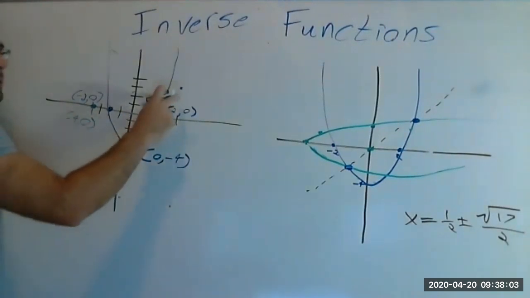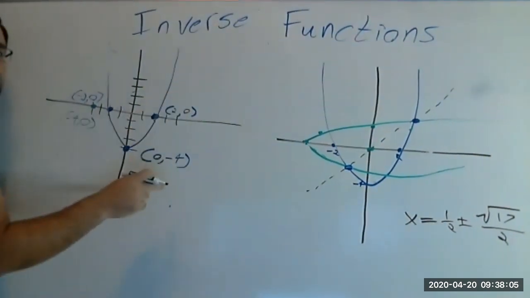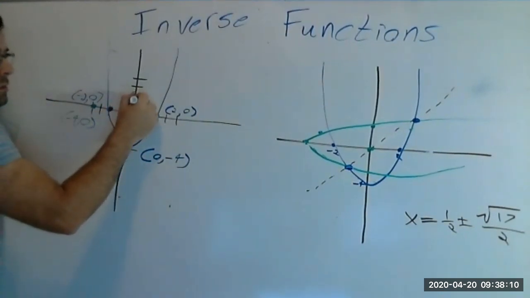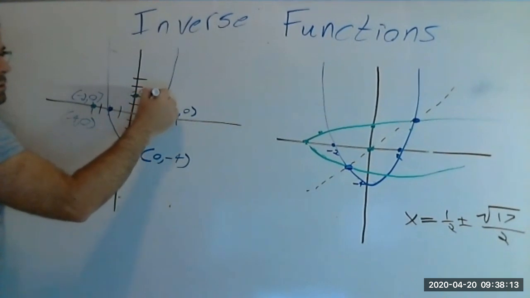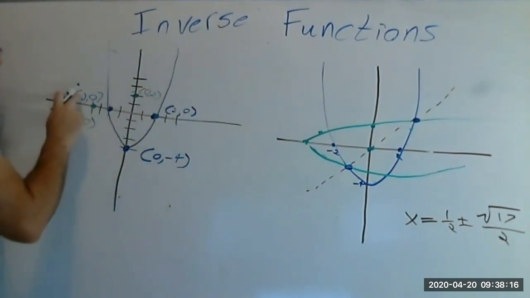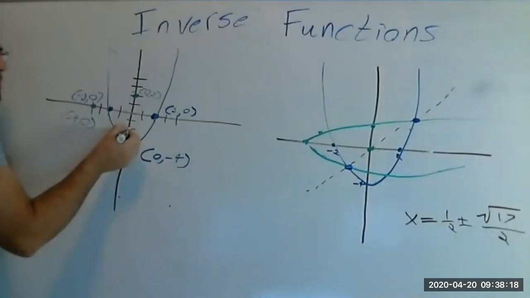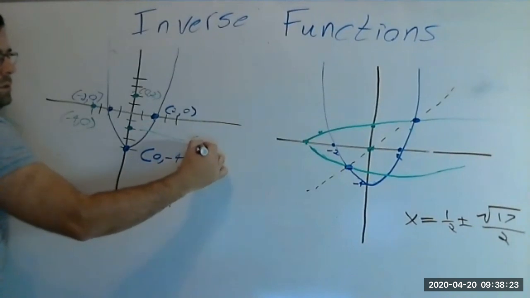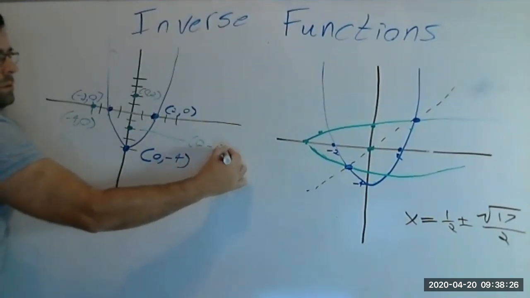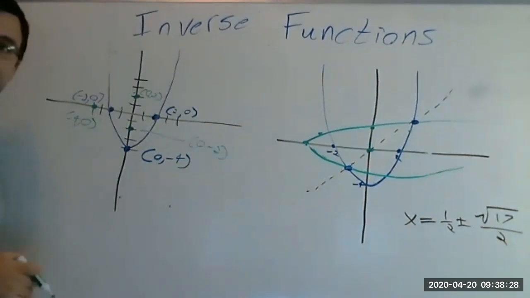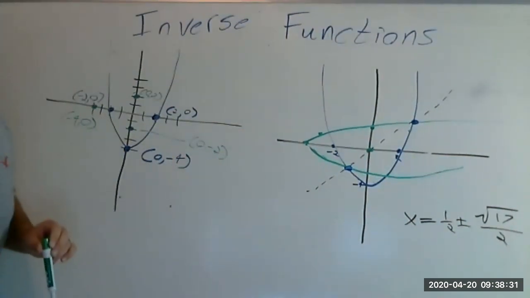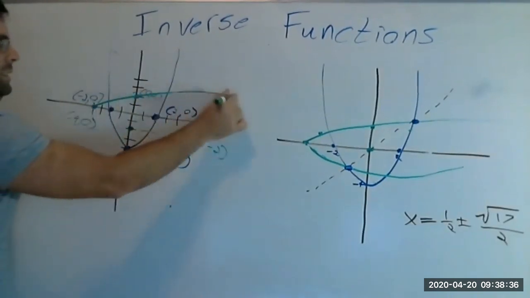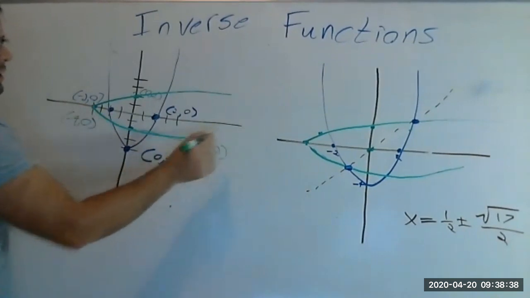Let's switch this one. 2, 0 becomes 0, 2. -2, 0 becomes 0, -2. Again, this is much easier on my smart board, so I apologize for that. But if you graph this, you get something that looks like that.